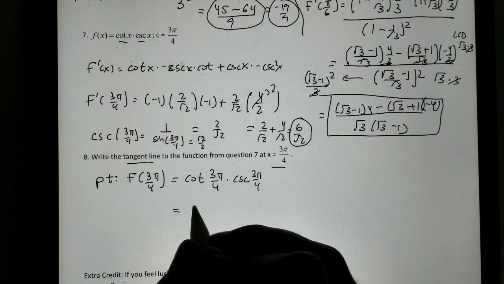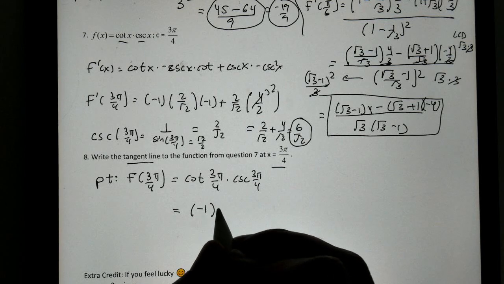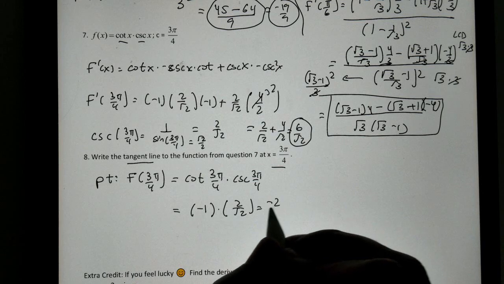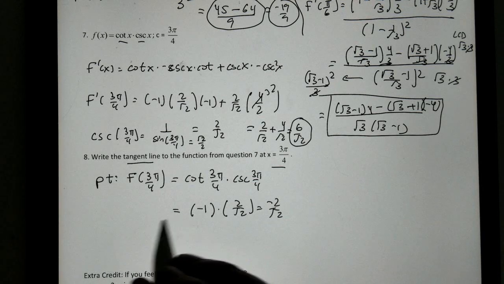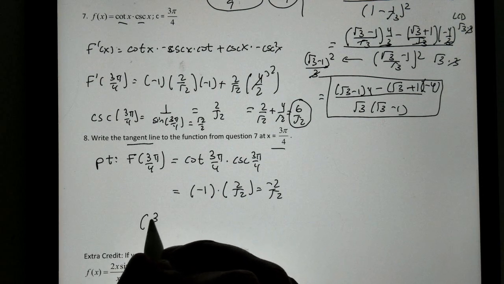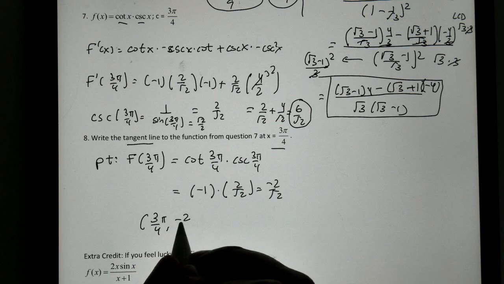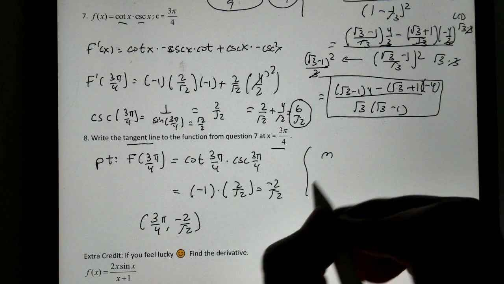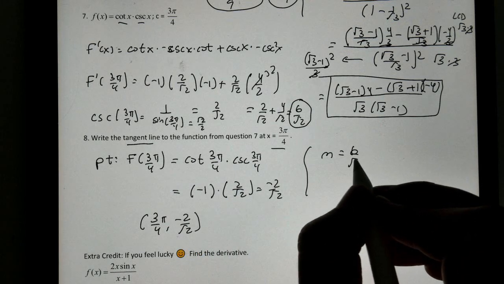Well, we already know that this is just negative 1 times 2 over root 2, so we get negative 2 over root 2. So our point is 3 pi over 4, negative 2 over root 2. Next, we need our slope, which we already have, 6 over root 2.